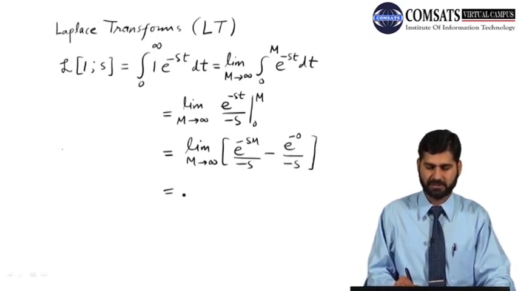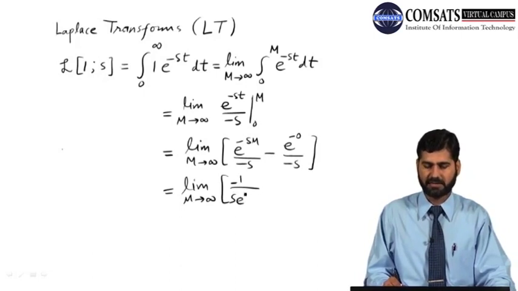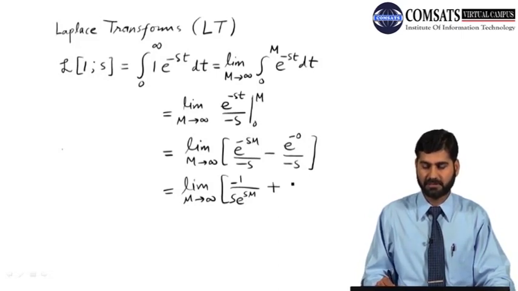Alright, so this is limit m goes to infinity, minus 1 over s times e to the sm, plus e to the 0 is 1 over s.